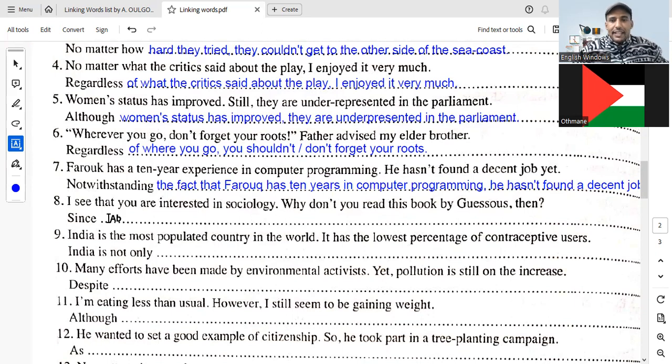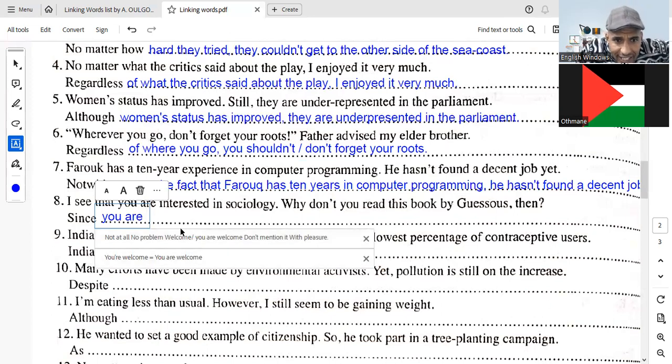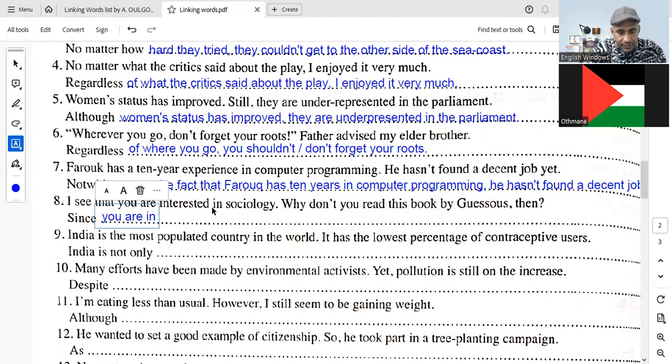We have since, meaning as long as you are interested, so why not. Since you are interested in sociology, why don't you read this book by Gessus?